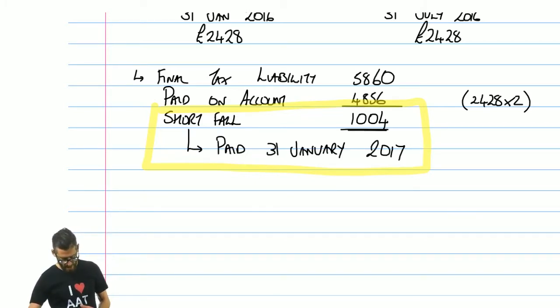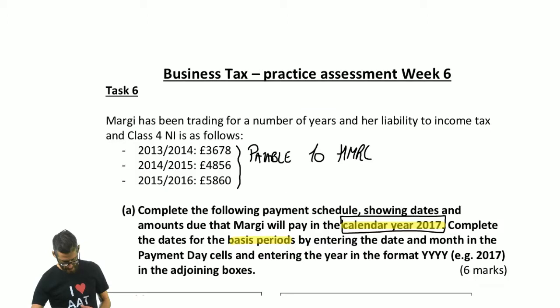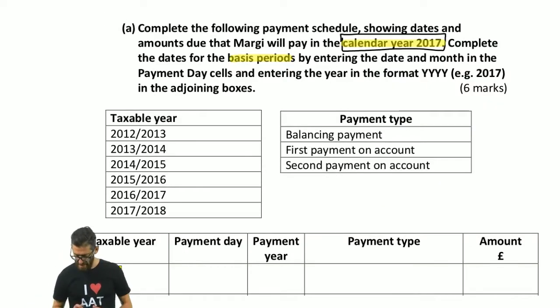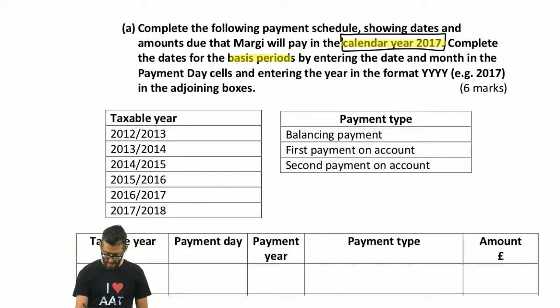Now, if I return you to the question in hand, we are asked about the calendar year, and the taxable year that we've just looked at was 2015-2016.